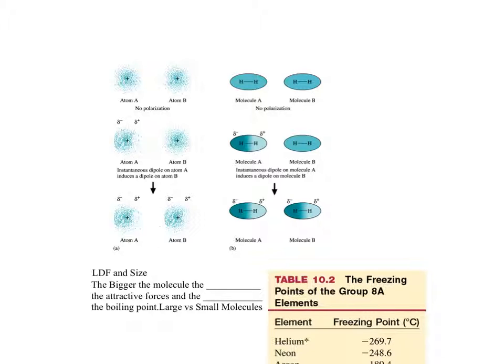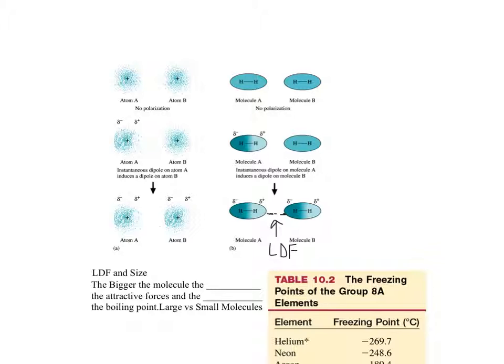So one side is slightly negative, one side slightly positive, just because there might be more electrons on one side of the molecule at that instantaneous moment. More electrons means more negative charge on that side, which means the other side is more positive. Well, when that happens, that induces an instantaneous dipole in molecule B. Now you've got the positive and the negative next to each other, and you wind up with the LDF force right here in between them.